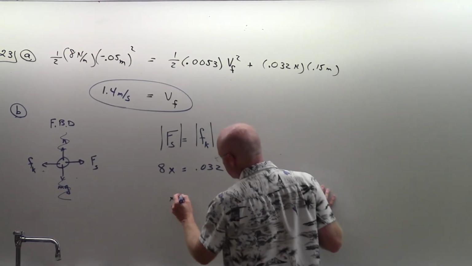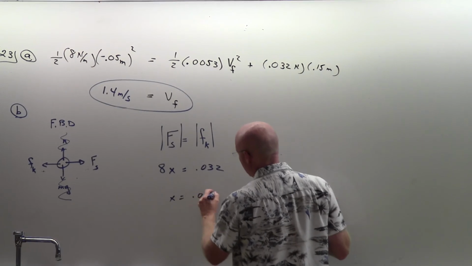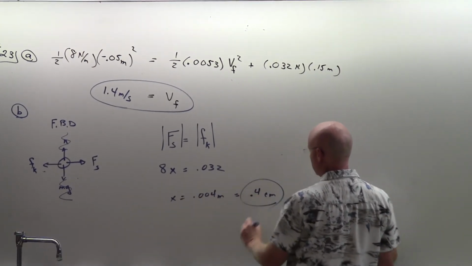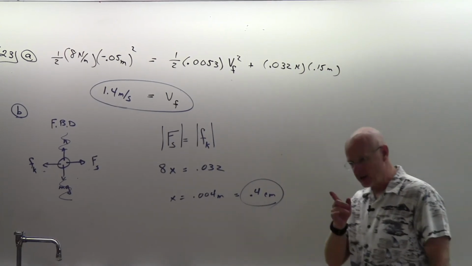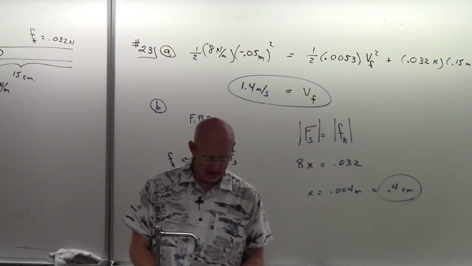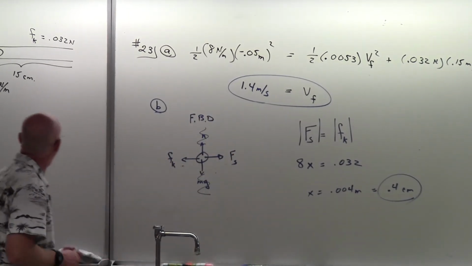And so x is 0.004 meters, or 0.4 centimeters. That's what I was looking for. So it is close back to the natural length of the spring, but not quite there.